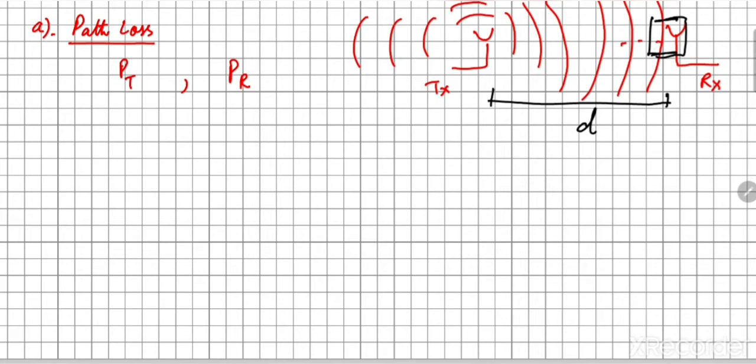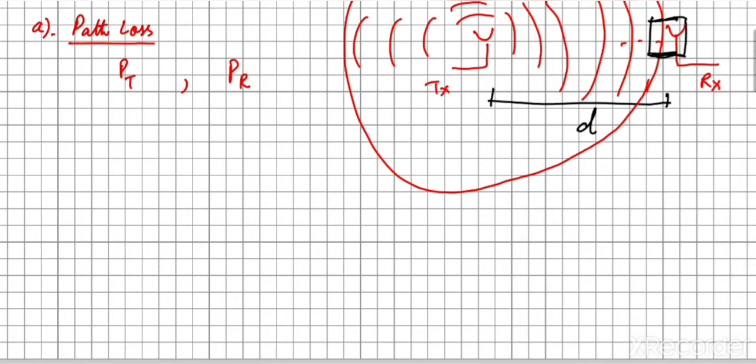So if you imagine a sphere of this radius d around the transmitter, you can imagine that the amount of power that the receive antenna captures is only a small fraction of that.